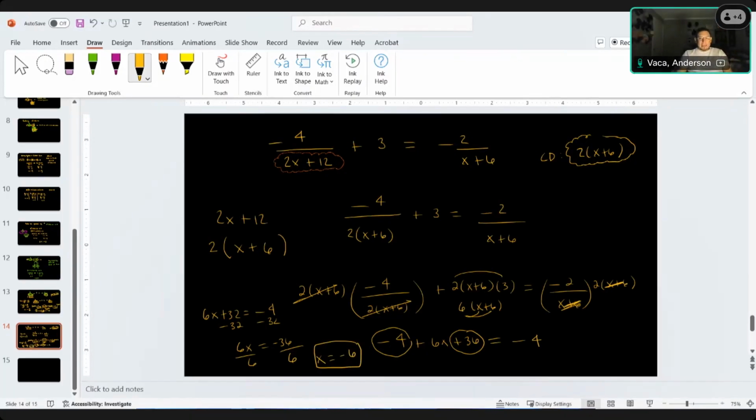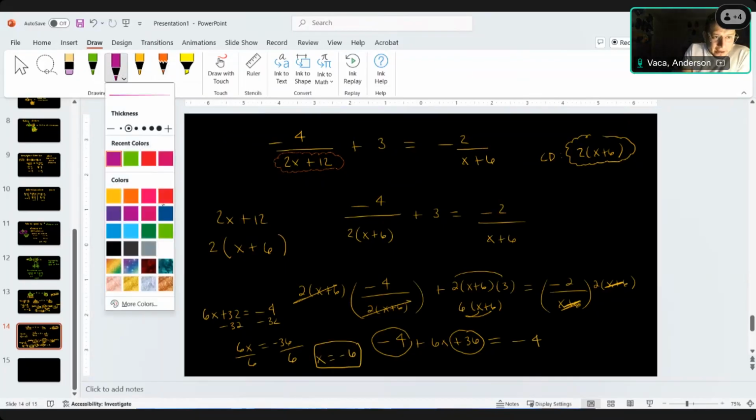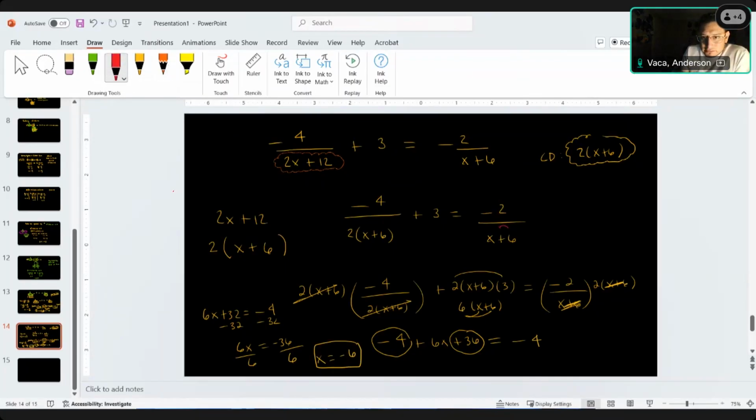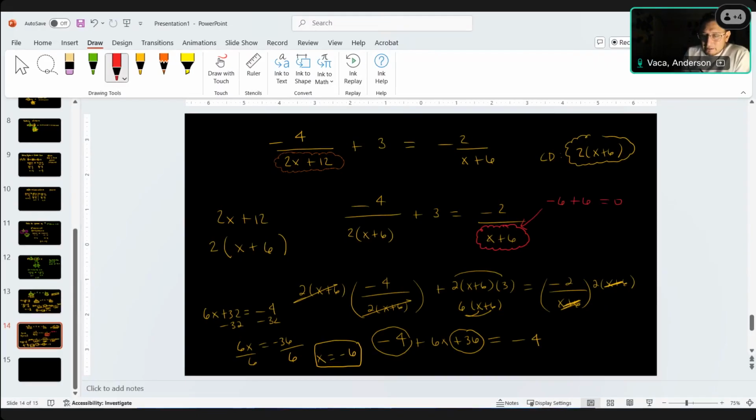Oh, there's something about this answer that I do not like, and I'll tell you why. Let's find a red pen because we need a red pen now. Look at this right here. If x is equal to negative 6, and then we add 6, that becomes 0.